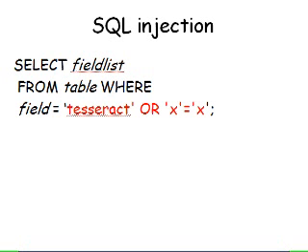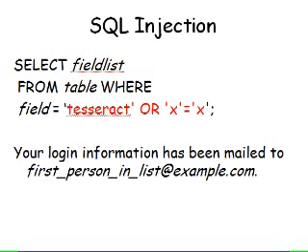How this will be handled will vary, but in a password reset field, we can expect something like the following, where it lets us know that our login information has been mailed to some random person from the list. Now, this only gives us an email address. It doesn't actually give us a way to log into the database, so you might be saying that this doesn't seem like a very glaring vulnerability, but we can actually use this information to discover quite a few other things.